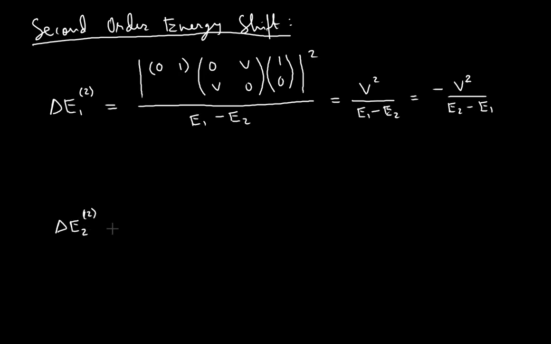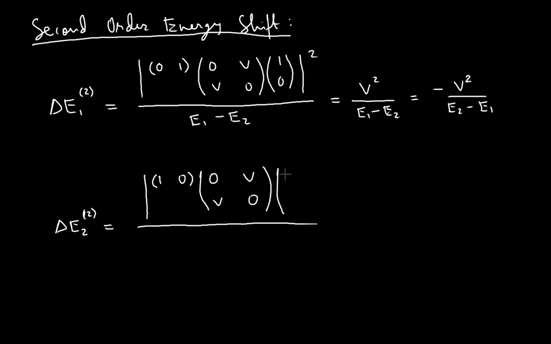Okay, fine. Now for the second eigenvalue, the second order shift is equal to (1, 0) times (0 V; V 0) times (0, 1), modulus whole square, and this time it is divided by E2 minus E1.